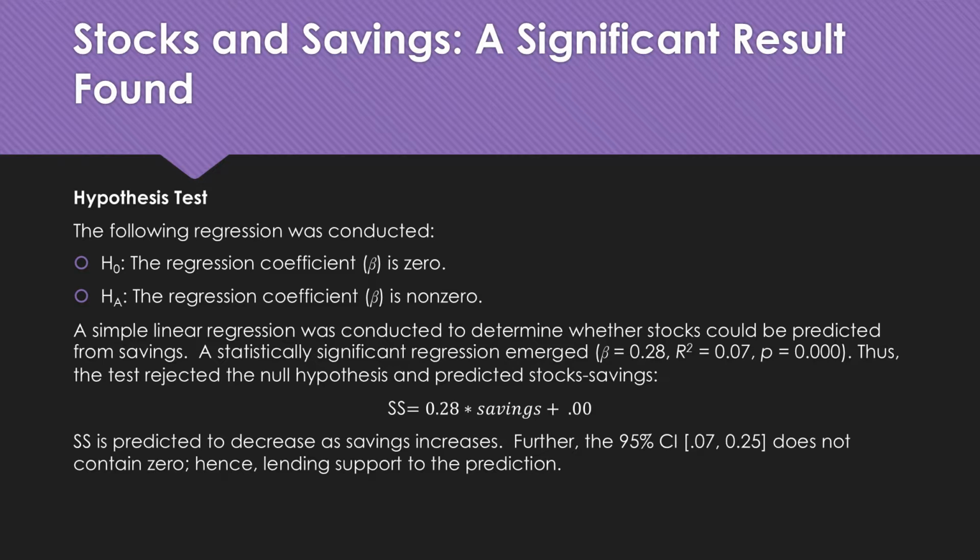Thus, the test rejected the null hypothesis and predicted stocks and savings. Stocks equals 0.28 times savings plus 0.00. Stocks is predicted to decrease as savings increases. Further, the 95% confidence interval of 0.07 and 0.25 does not contain 0, hence lending support to the prediction.